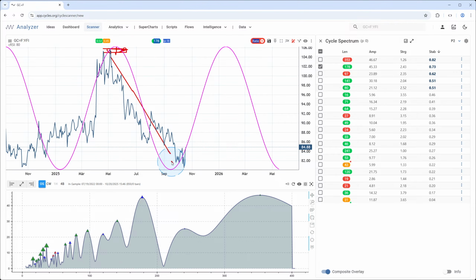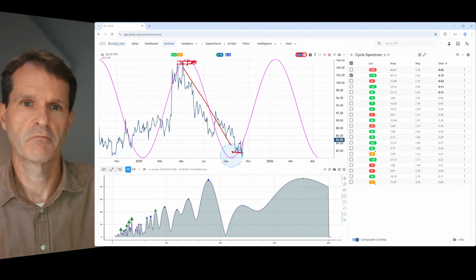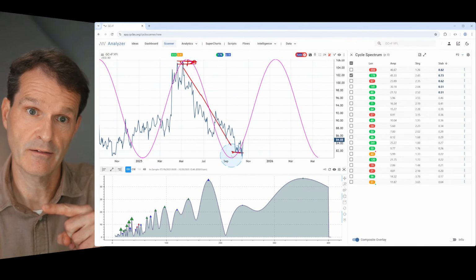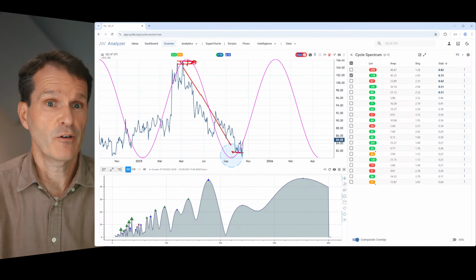Let's call it that way. So which from a timing perspective now maybe should have come to an end. So the outperformance of silver versus gold could have ended just looking at that cycle here. So that's how to read that ratio.